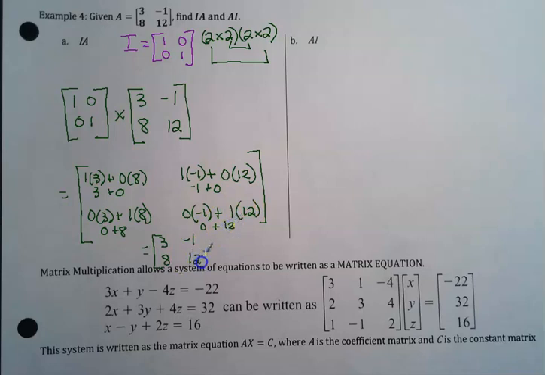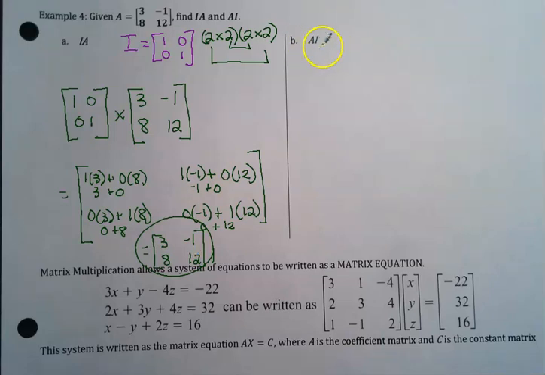So this location is going to be 12. And there is our matrix. Now, we can check this. It said it should equal A. Well, it does. 3, -1, 3, -1, 8, 12, 8, 12. So it does equal A again.